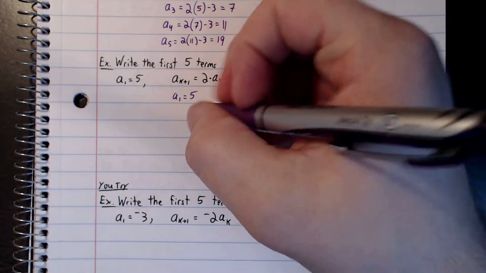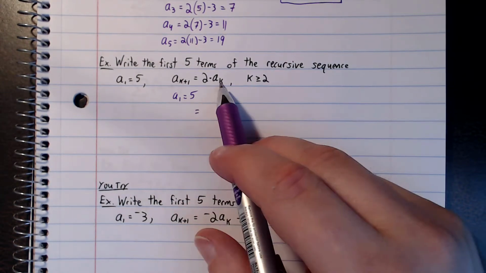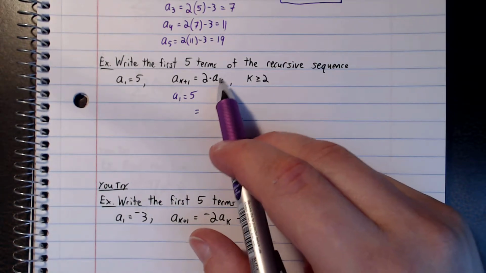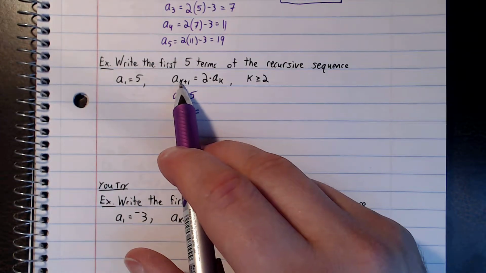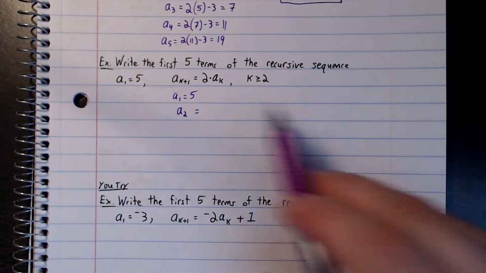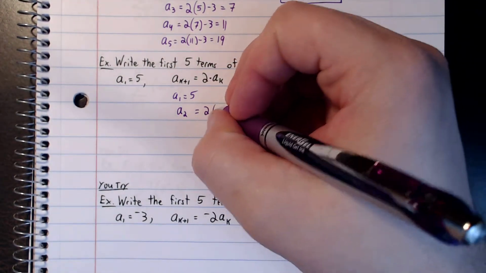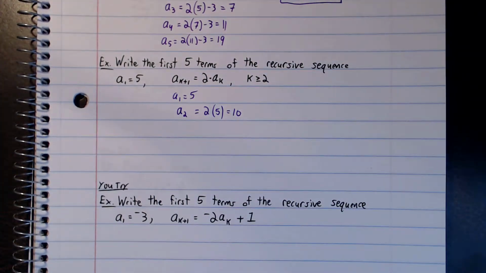So if I were to take A1, which is the next one that I want to plug in, that would mean K is 1, right? K is 1. So if I do 1 plus 1, that would mean I'm looking at my second term using my previous term, A1. So we end up getting 10 for our second one.